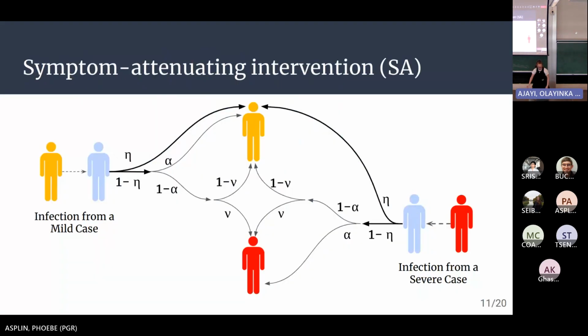But yeah, the first type of intervention I've got is a symptom attenuating intervention. So these people are now using the intervention, or you can think of them as vaccinated, which has efficacy eta of basically just getting mild disease, and then a probability 1 minus eta of doing the usual thing.